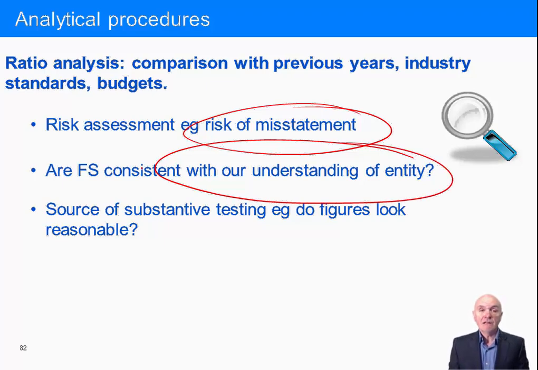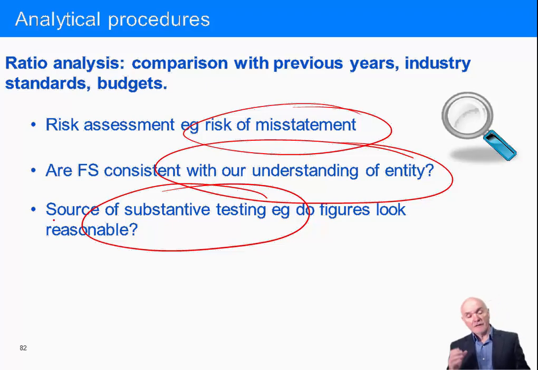So if you had an entity which says all our sales, or nearly all our sales, are cash, and you find now there's a substantial amount of receivables in it, there's a bit of a mismatch there, between what you've been told and what you see. There's also a source of substantive testing. If last year the receivables collection period was 40 days and this year is about 39 days, you're not going to get that worried.